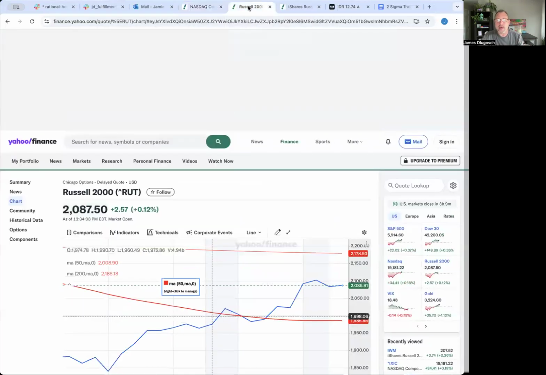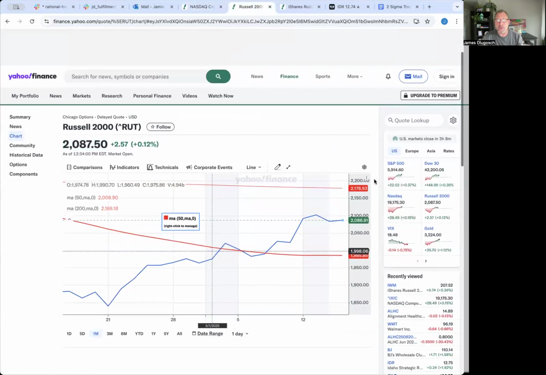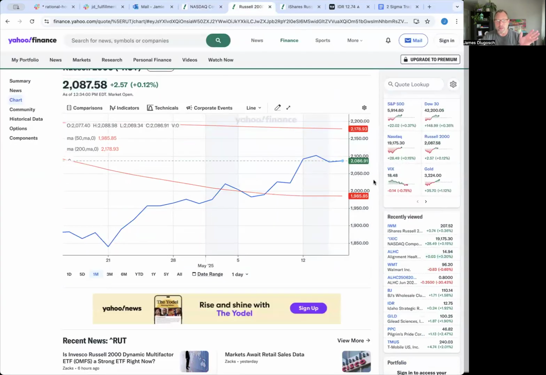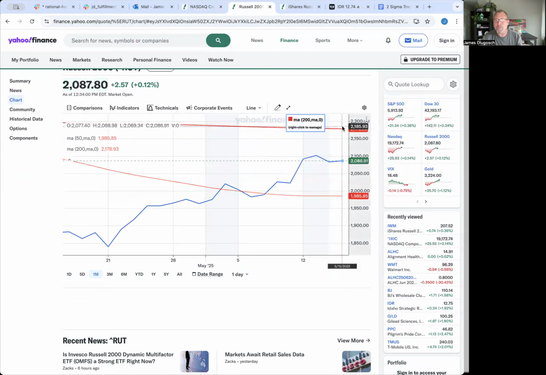So take that now to the Russell 2000. Wow, that's a completely different chart. The Russell 2000 has been doing well like the NASDAQ, but not nearly as well. So the small cap indicator, or index, the Russell 2000, is trading above the 50-day moving average, but below the 200-day moving average.